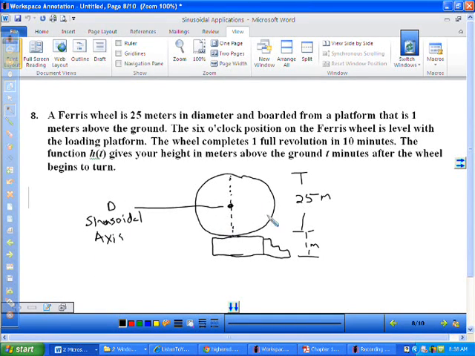And this is where it's going to alternate. The person that's going to be riding this is going to be going as low as 1 meter and as high as how much? What's the height here? 26. And this is 1. So what's between 26 and 1?